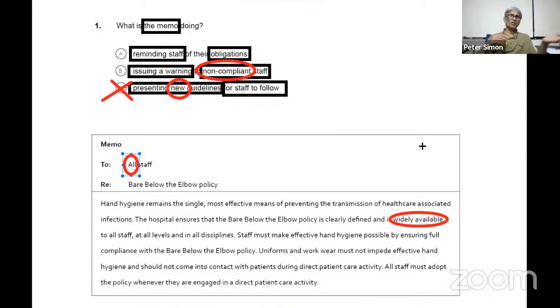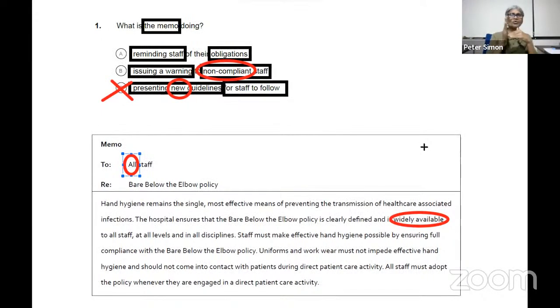There are two categories of it. One who obey and one who disobey. Is it only to those who disobey? That means for those who obey, it is not needed? No, because the memo says in the beginning itself, it is all the staff, irrespective of whether they're compliant or non-compliant. There is a red flag here.